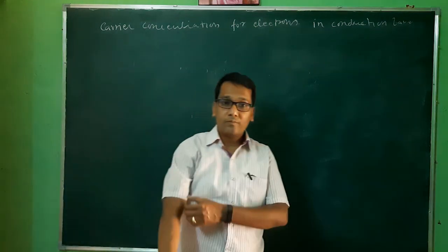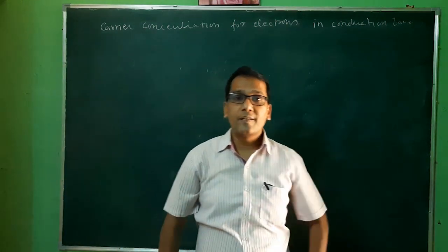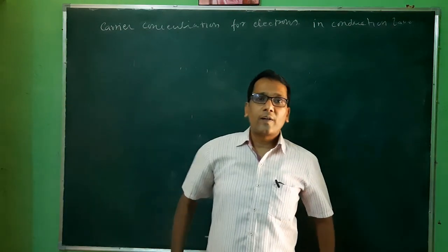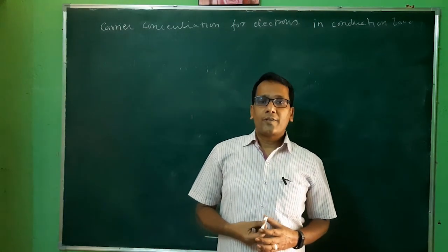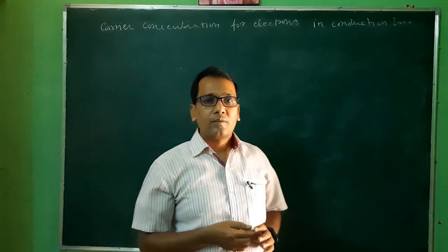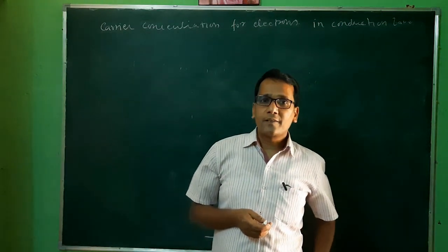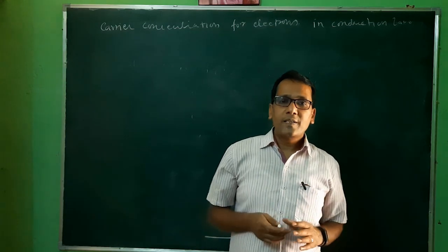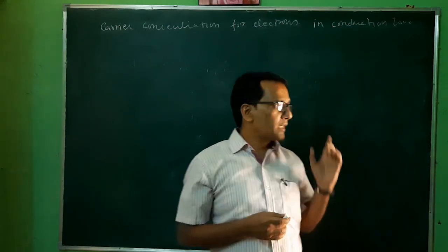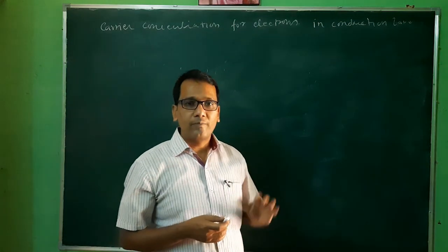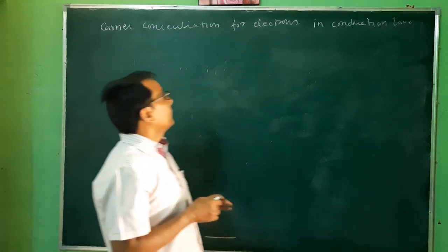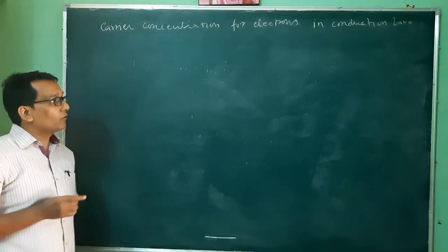We will consider here intrinsic semiconductors; as we know, semiconductors are classified into extrinsic and intrinsic. Here I will consider the intrinsic semiconductor, where on the basis of band theory we have the valence band and conduction band. In this lecture I will derive the carrier concentration for electrons in the conduction band only.